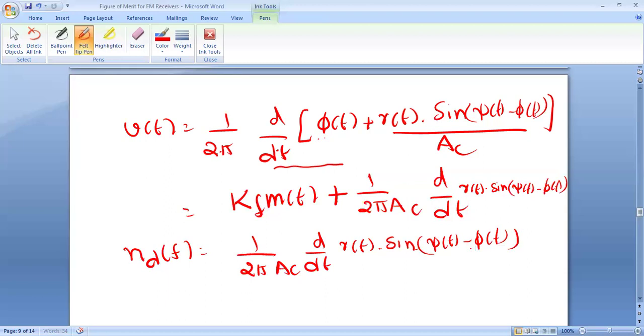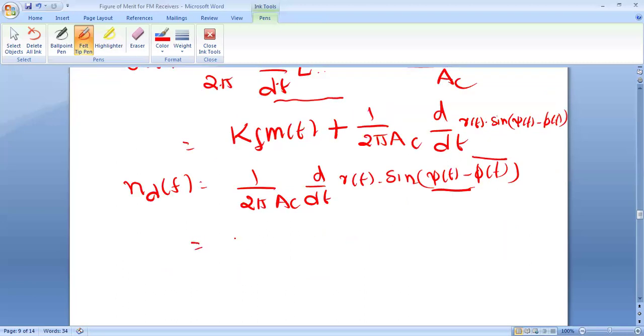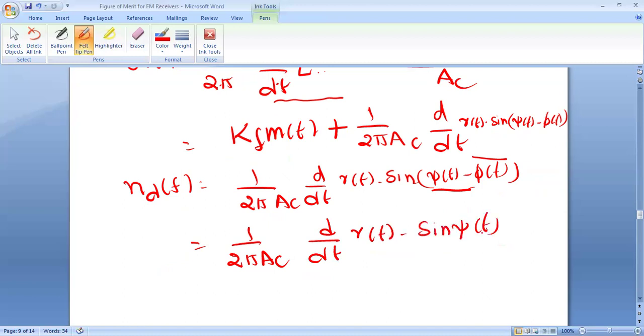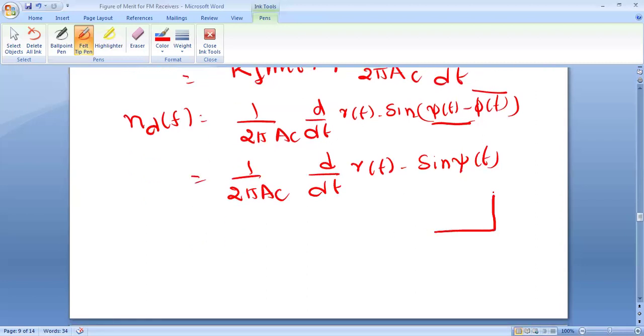However, the noise is always independent of the message signal. In this expression, psi of t is the noise component, phi of t is the message component. As they are independent of each other, the same expression can also be represented as d by dt of r of t into sin psi of t. If this is considered, ns of t, nc of t, r of t, psi of t.